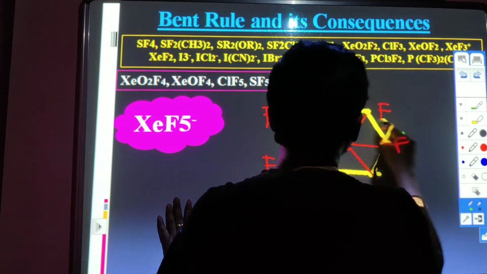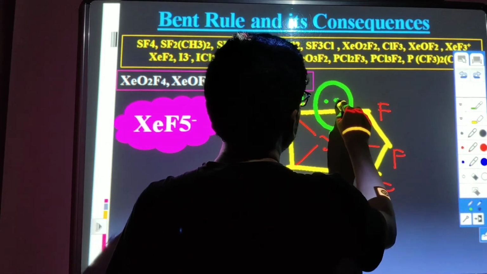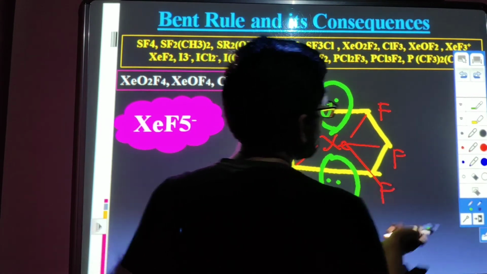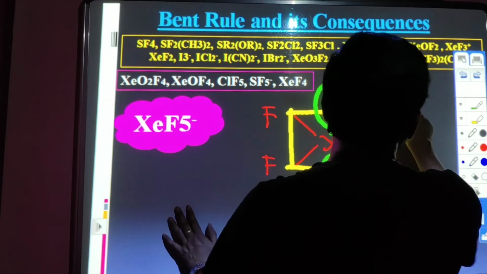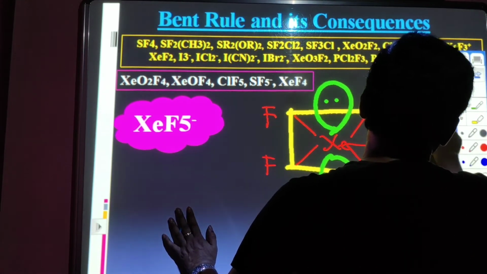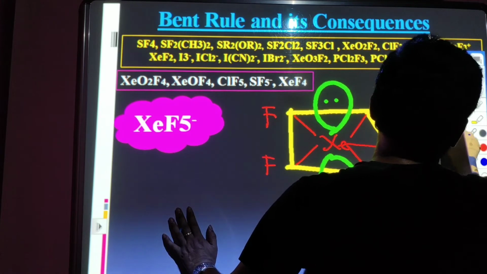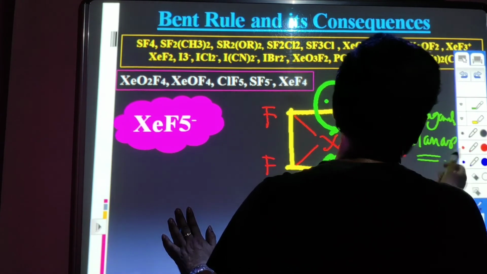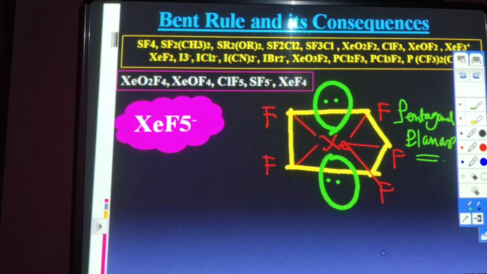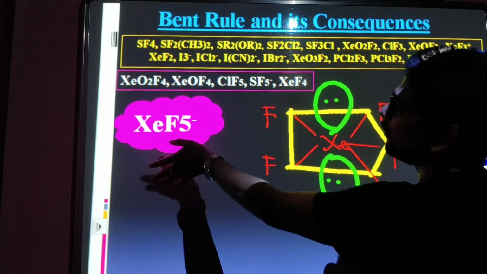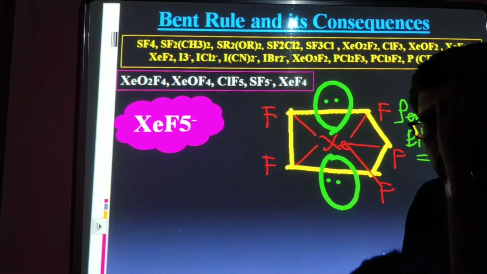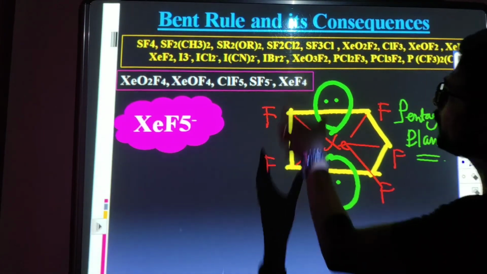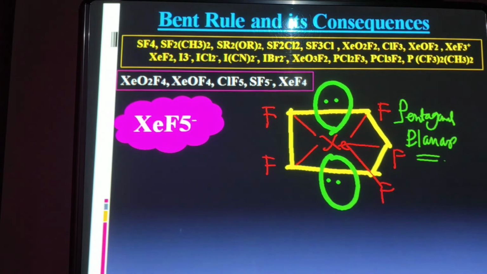Lone pair you just put it here, and this shape is pentagonal. Okay, done. Let's see, XeF5 minus, this is pentagonal. Do you get my point? You understand this? Okay.